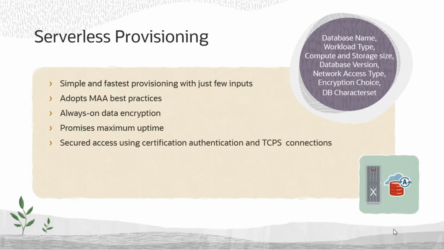Access to autonomous database is made securely over public internet or using a private endpoint inside the VCN in your OCI tenancy. Connection to autonomous database uses certificate authentication and TCP/IP based connections using TLS 1.2 protocol, thus ensuring a complete end-to-end encrypted communication between the client and the autonomous database.